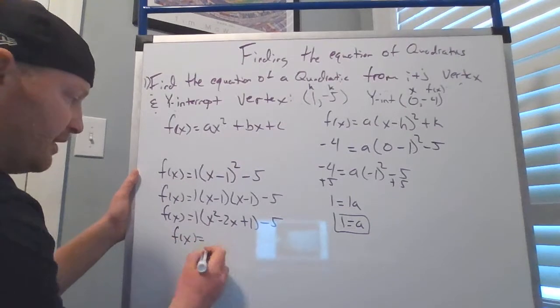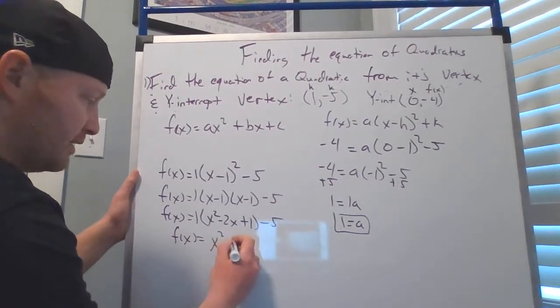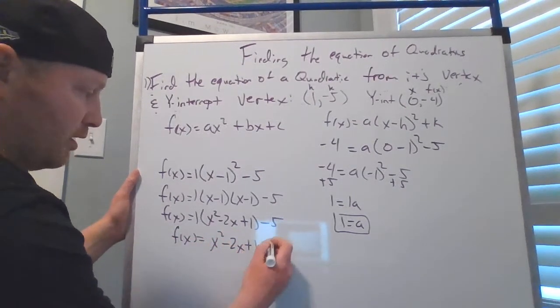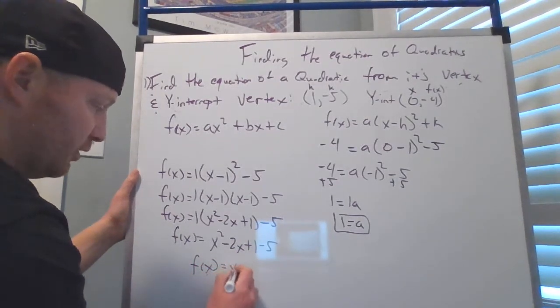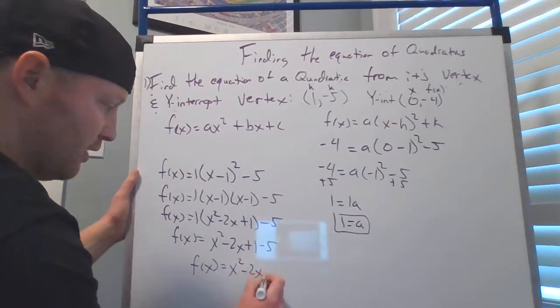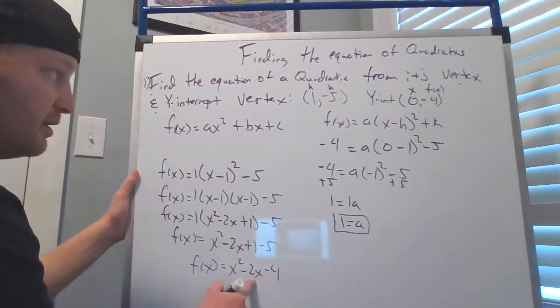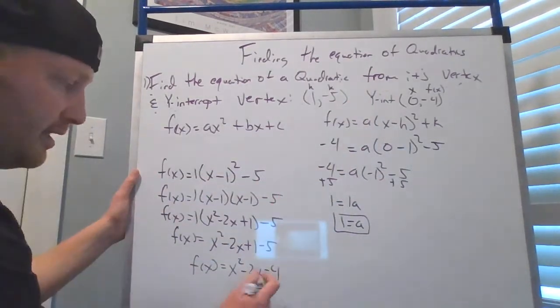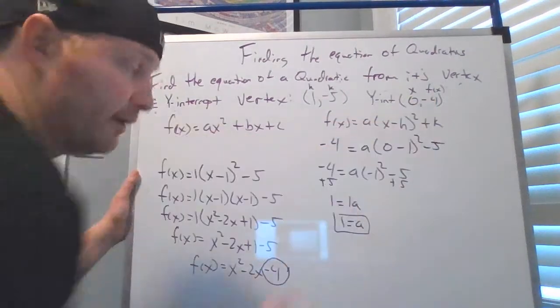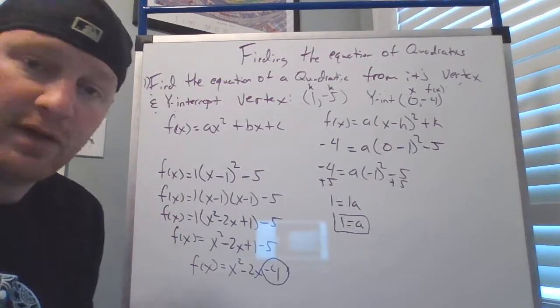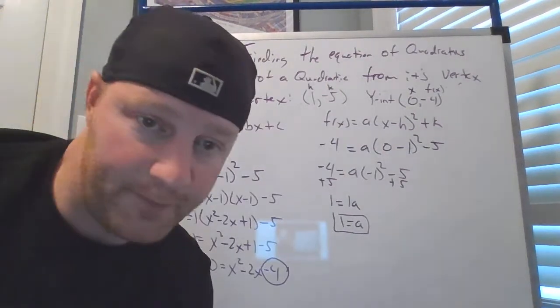And then this says f of x equals x squared minus 2x plus 1 minus 5. And this is all she wrote. X squared minus 2x minus 4. This is the equation, and I can see my y-intercept is true, -4, -4. Okay, so that's that. A couple more.